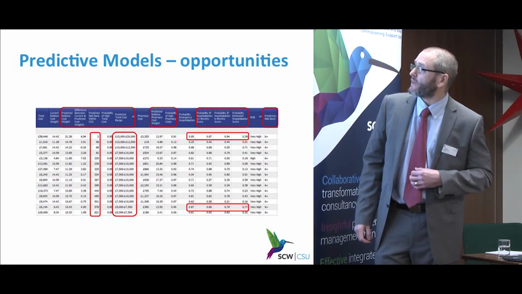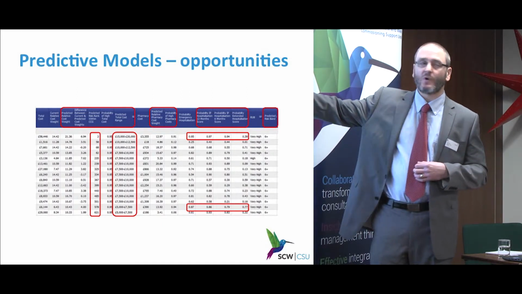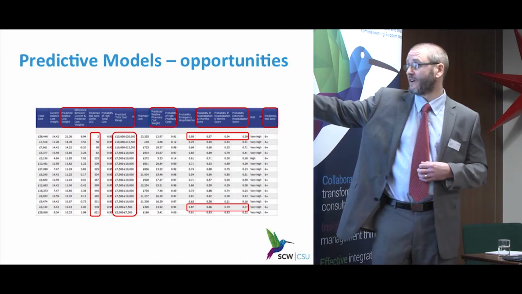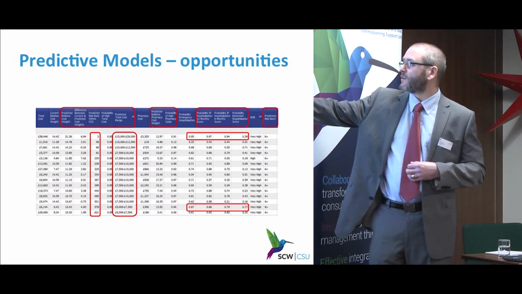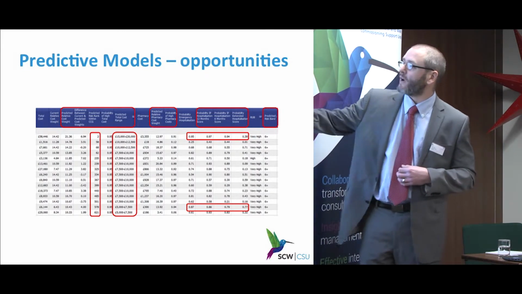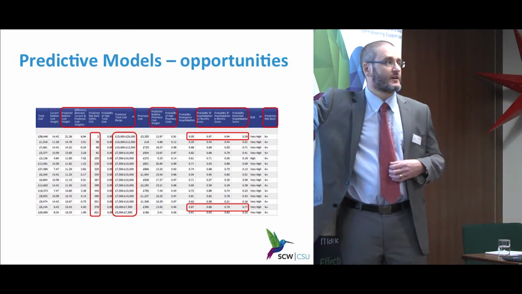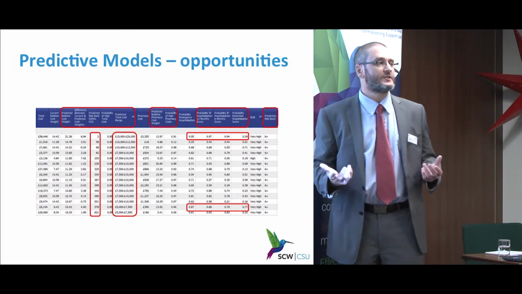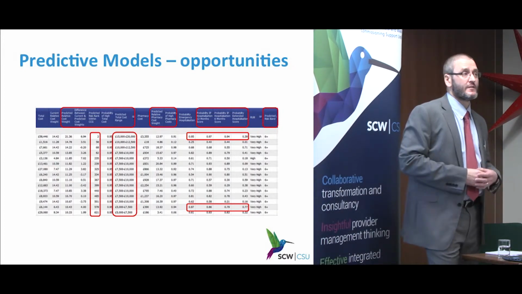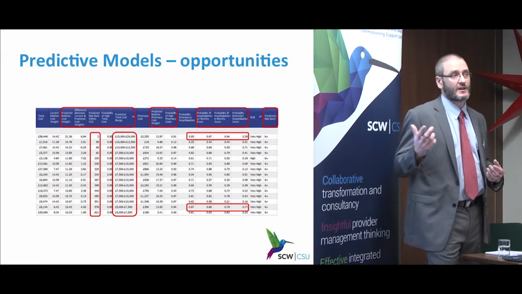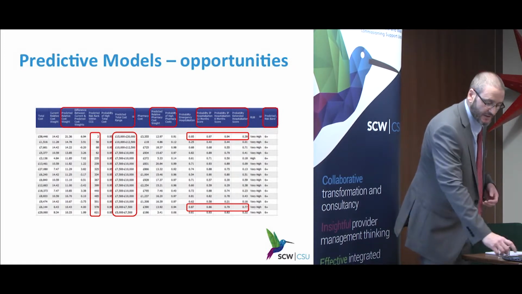And on the right-hand side here, we've got a number of different ways of looking at risk of hospitalisation. So you can see there that we've got the risk of an extended hospitalisation, and we could combine that perhaps with the risk of an emergency hospitalisation. So that might be your delayed transfers of care cohort taken care of, or a different way that you could use that risk stratification data.